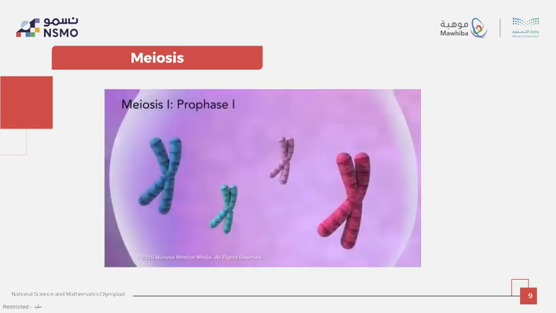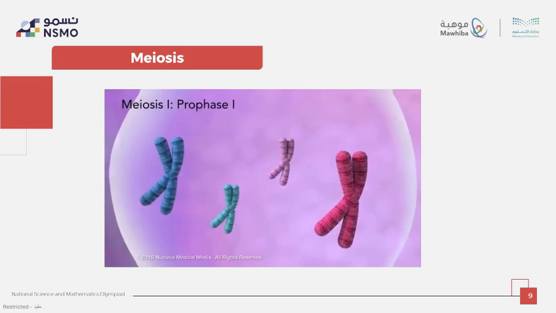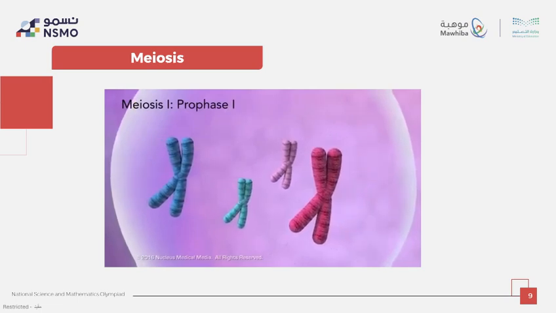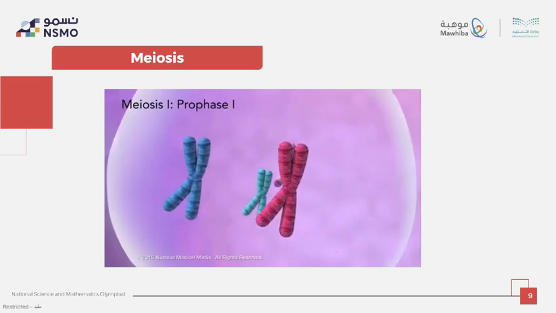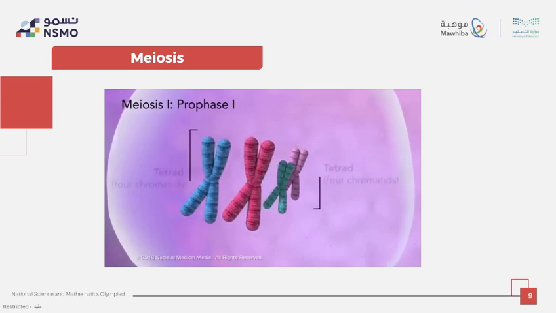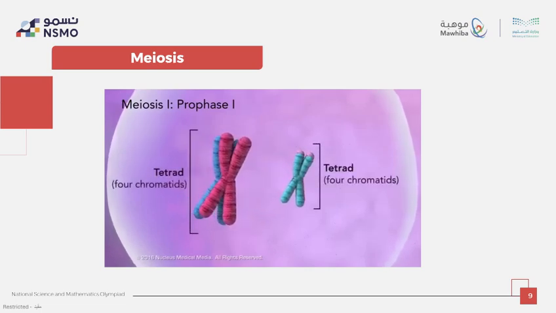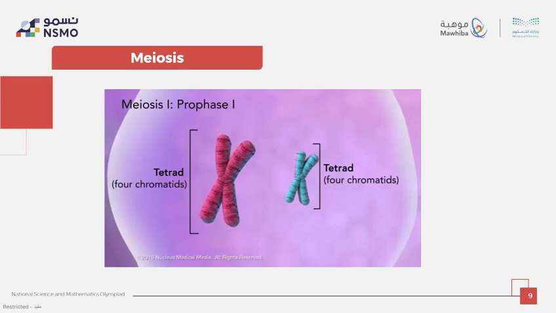In a process called synapsis, each chromosome pairs up with and binds to its corresponding homologous chromosome, forming a tetrad. A tetrad is the group of four sister chromatids in paired homologous chromosomes.